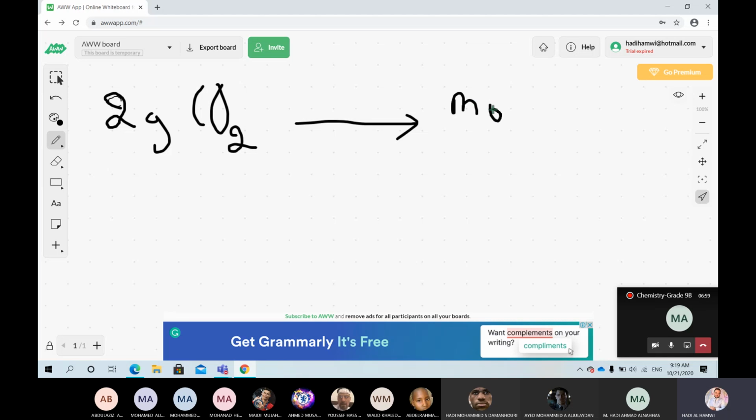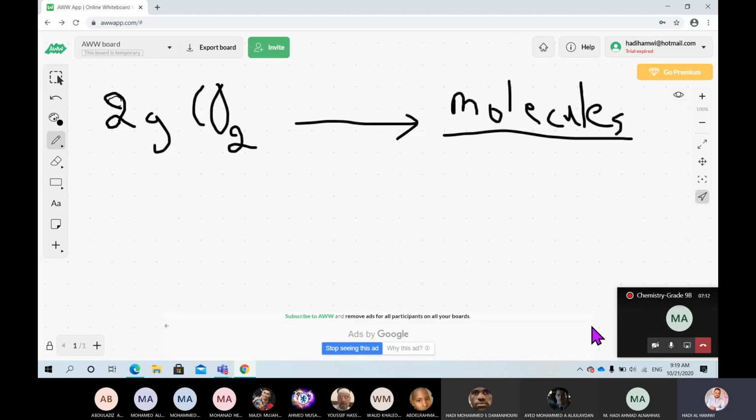How many molecules do we have of CO2? So the representative particle here is molecule. What should I do? I cannot convert directly from mass to representative particles. I should convert first to moles, then from moles to molecules.